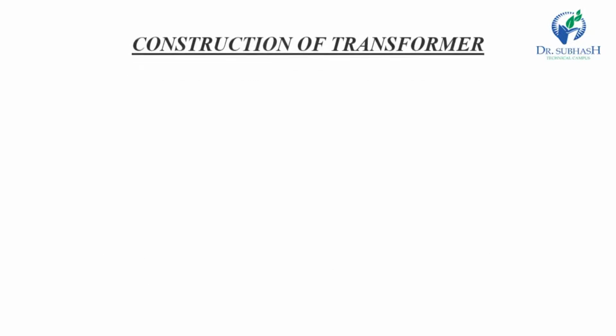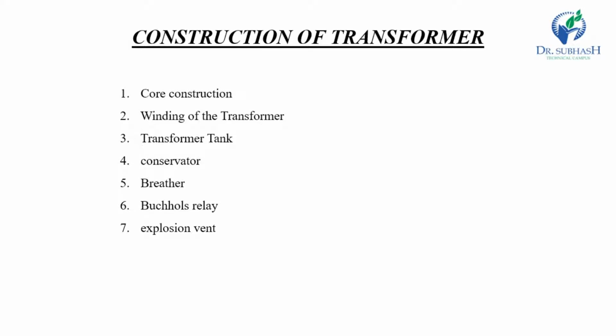Now the construction of transformer. The transformer mainly consists of magnetic circuit, electrical circuit, dielectric circuit, tank and accessories. The main elements of a transformer are the primary and secondary winding and the steel core.